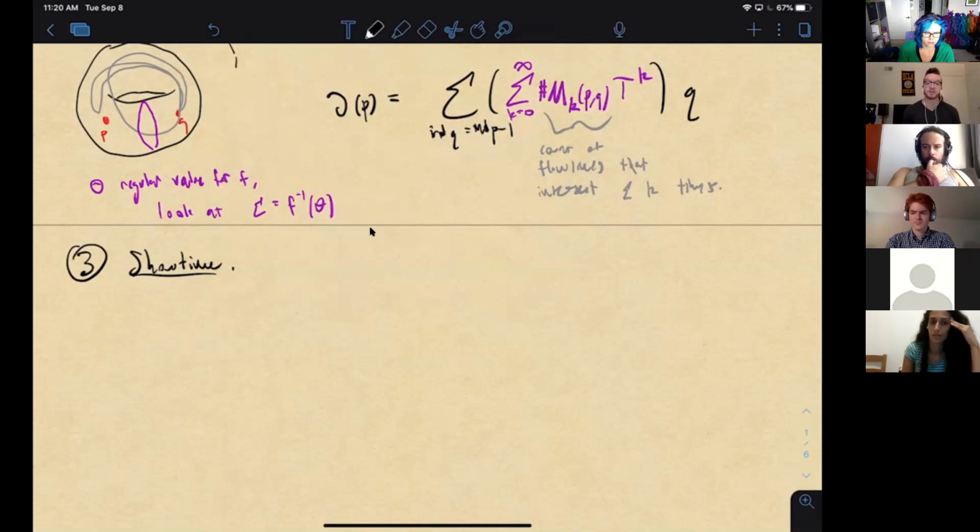But like I said, if we wanted to show that D squared is 0, thank you, Morgan. If we want to show that D squared is 0, like I mentioned, we have to study broken flow lines at the edge of some moduli space. So this is what I want to talk about.